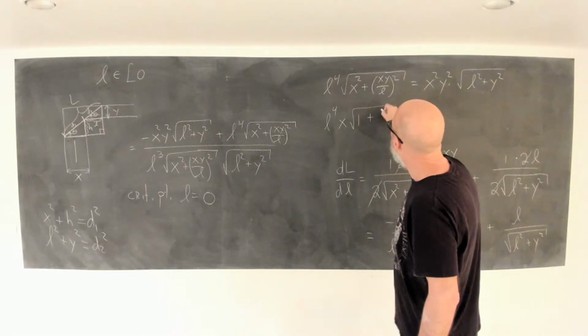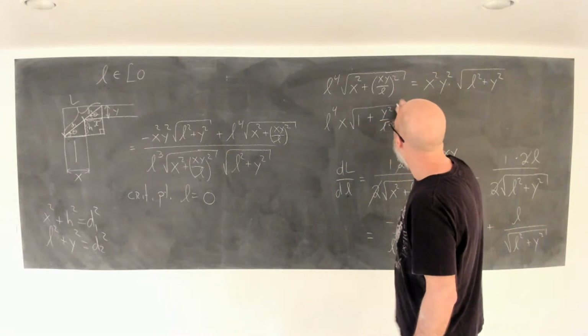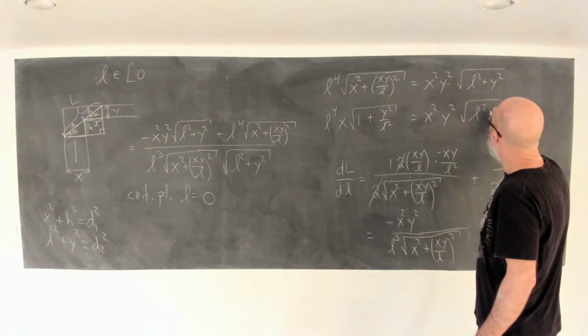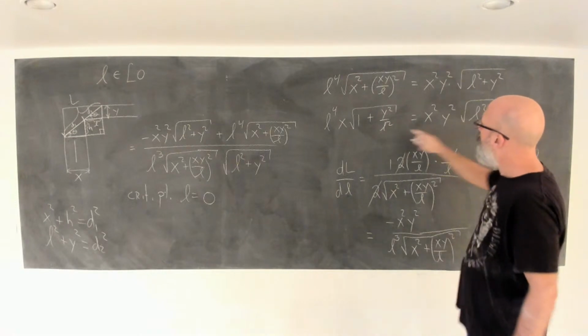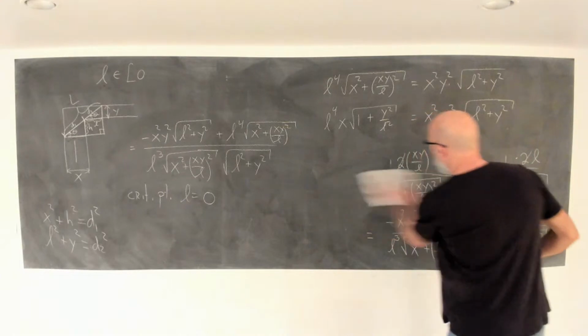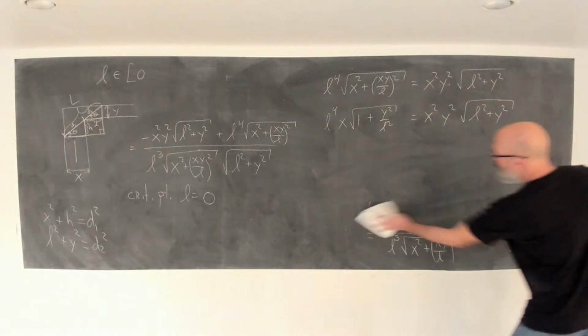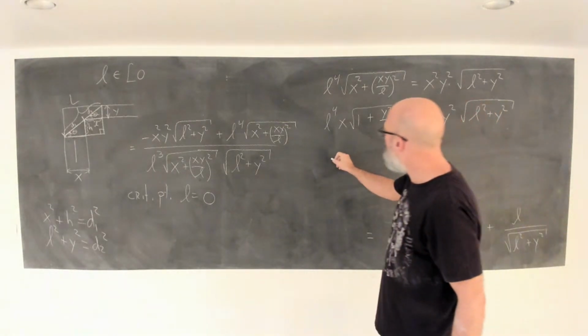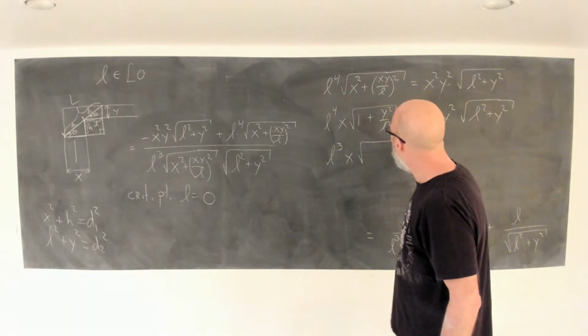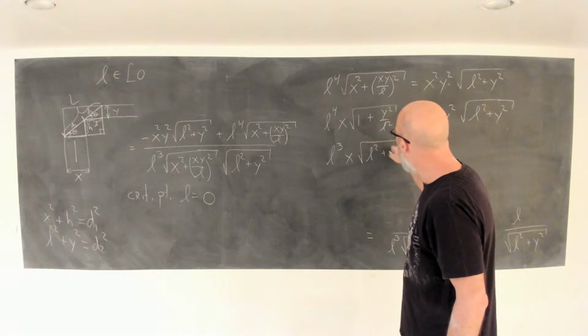This is 1 plus y squared over L squared. And then put everything over a common denominator and take that out. So this becomes L cubed square root of L squared plus y squared.